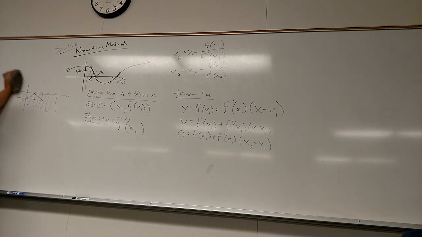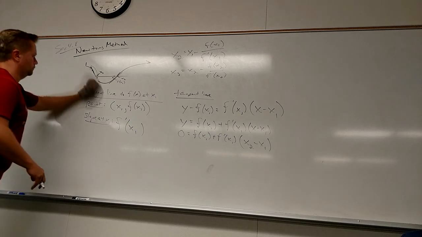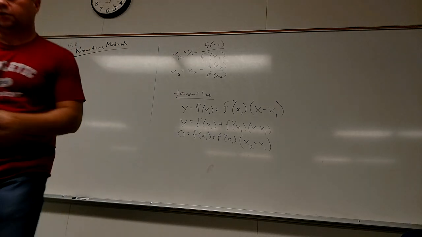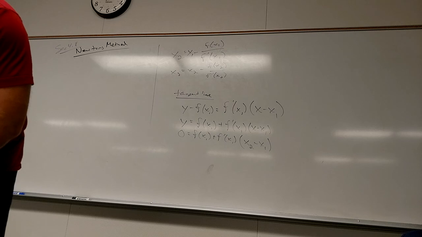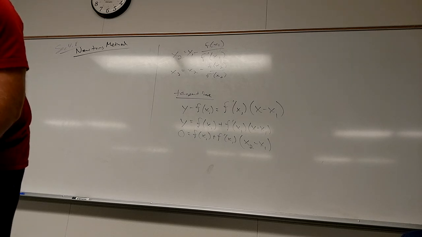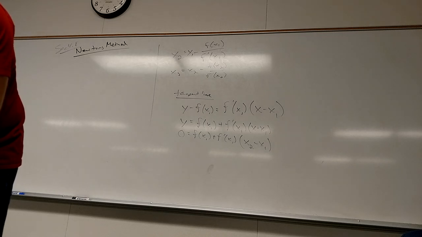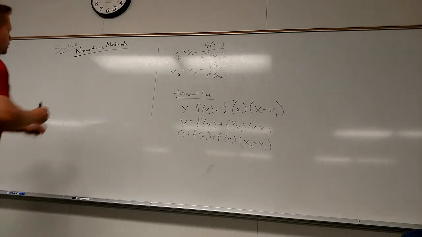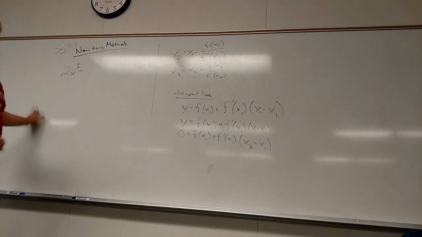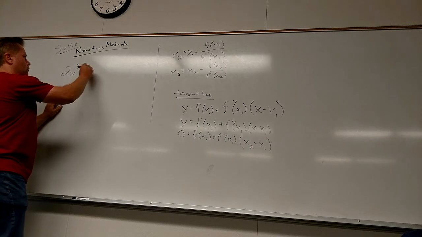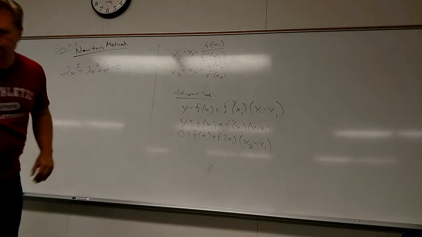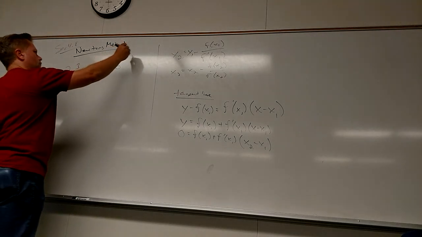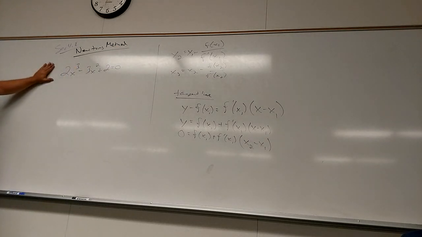Let's get a real actual function and try this out. Why is there a root between -2 and 0?